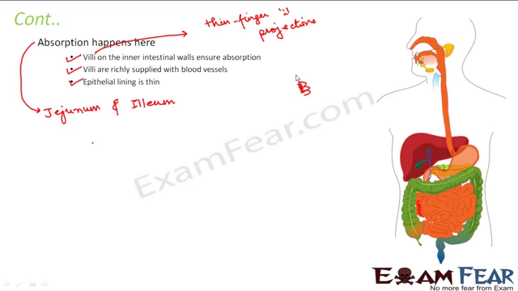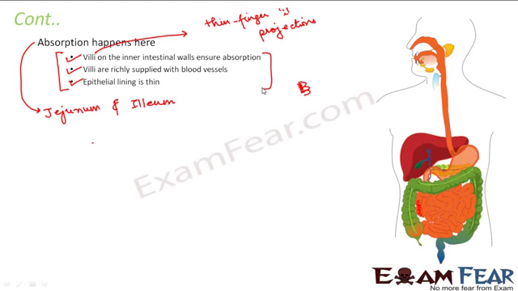Now if the epithelial lining of small intestine is very thin, then the diffusion of the nutrients will become easier, right? Because if the boundary is thick, the diffusion will become difficult. So if the walls are very thin, then the transfer of nutrients from the villi to the blood vessels will become easier. So these are some of the things which favor the absorption by jejunum and ileum of small intestine.